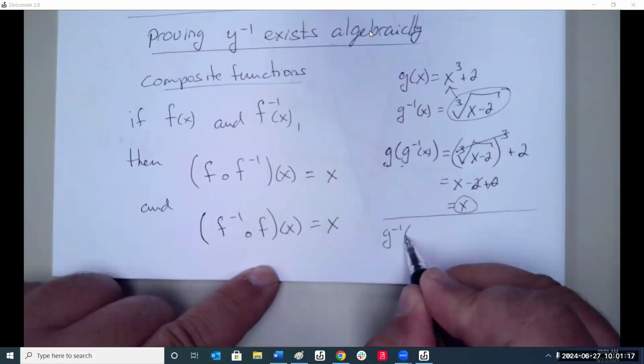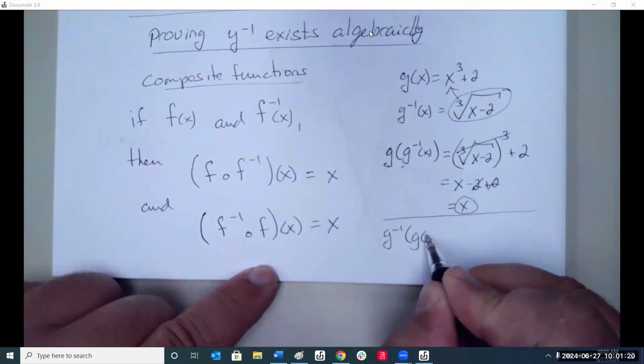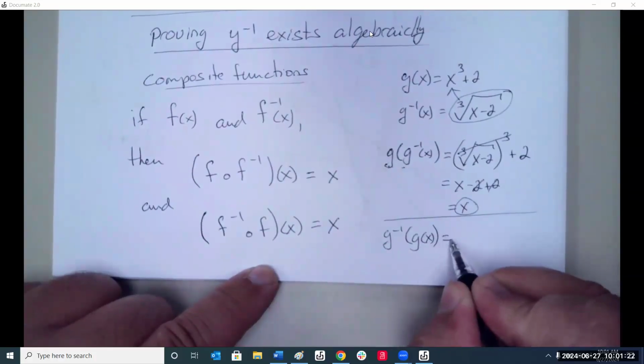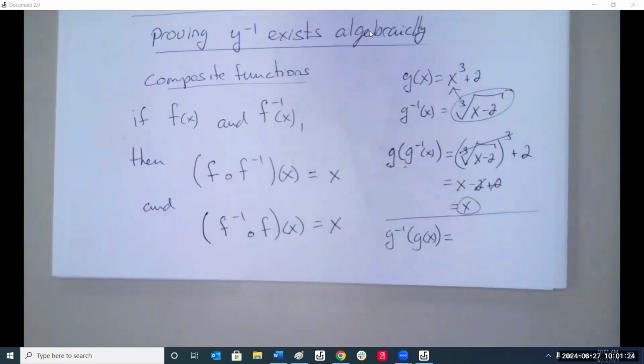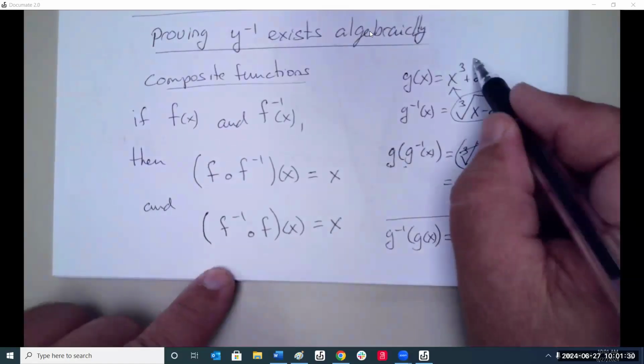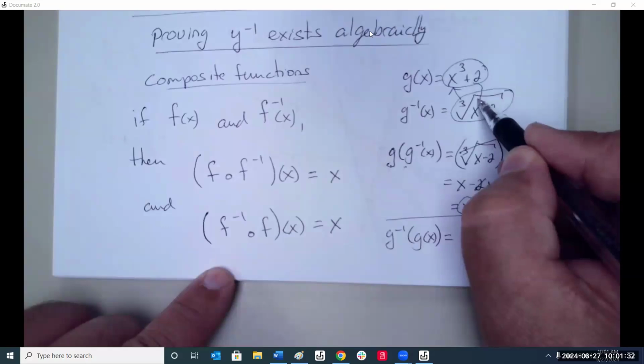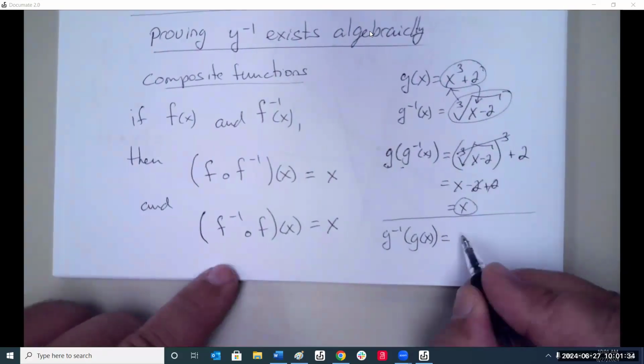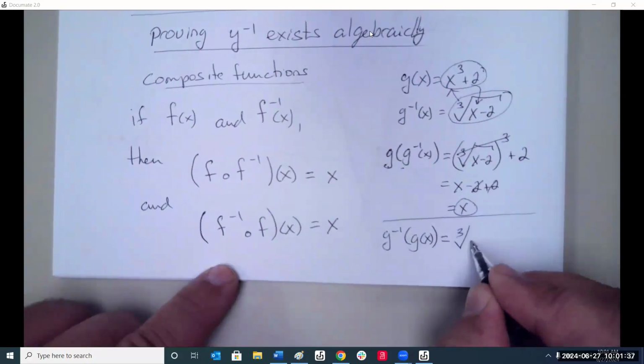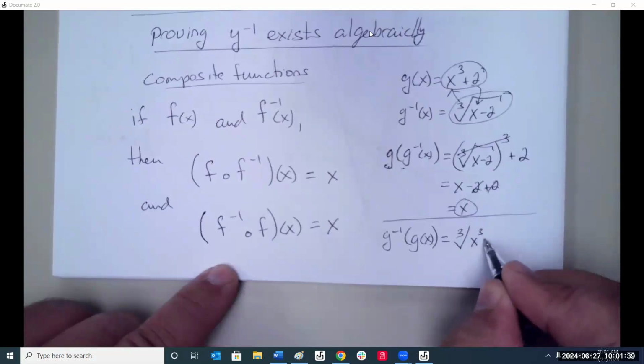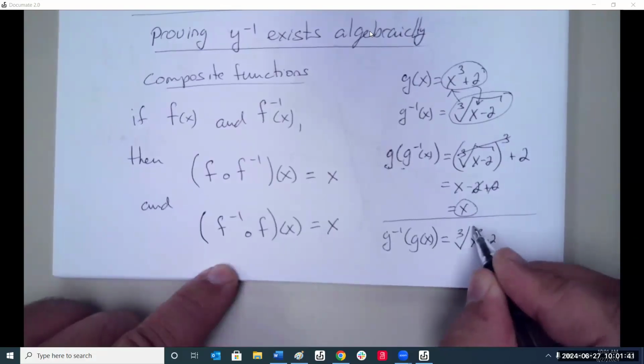Then we have to do it the other direction. We take the g function and put it in place of the x. So it's x cubed plus 2.